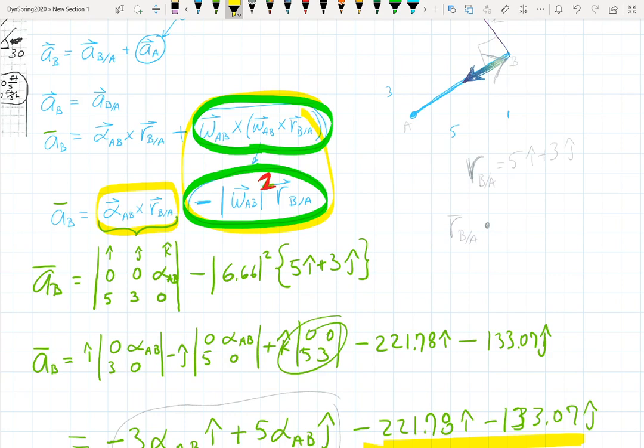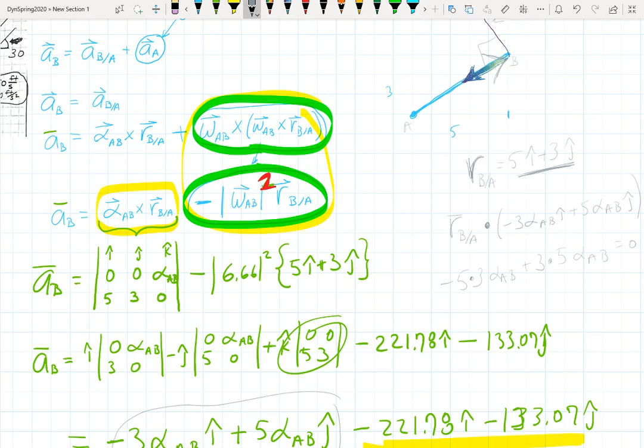Okay, so go back in here and dot it with, just write in the vector minus 3 alpha AB I plus 5 alpha AB J. So if you take this vector and dot it with that vector, you'll get minus 3 alpha AB times 5 plus 3 times 5 alpha AB, which is by definition equal to 0.